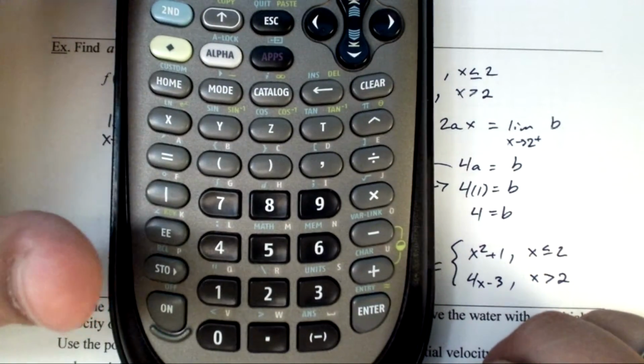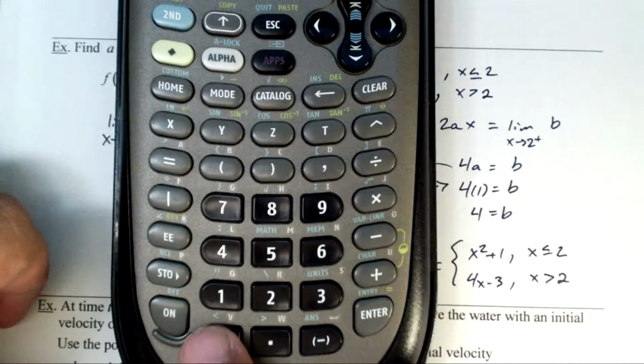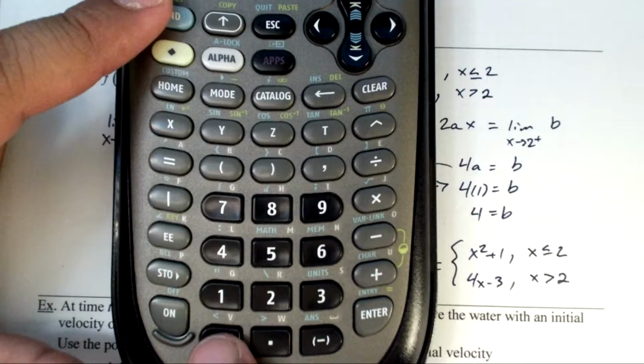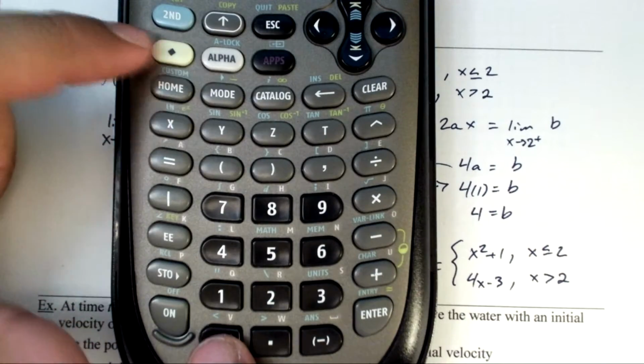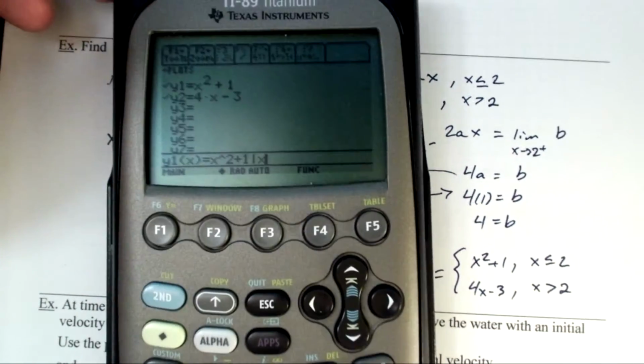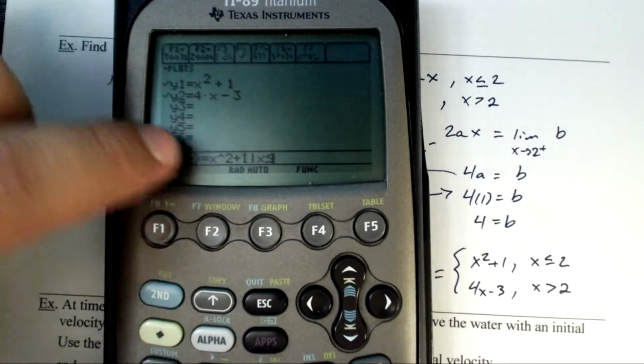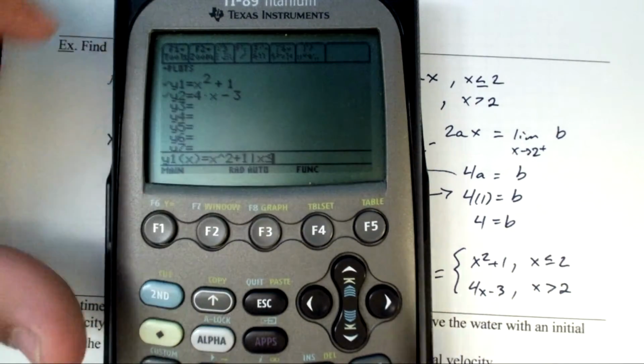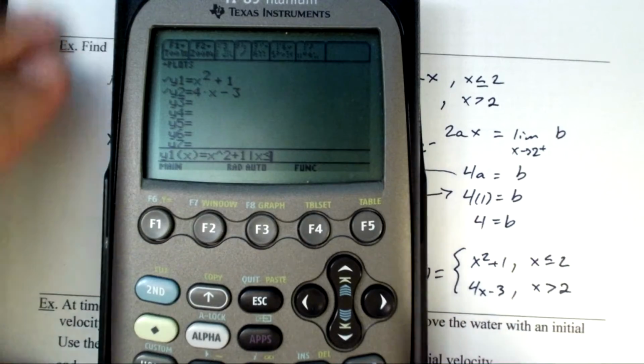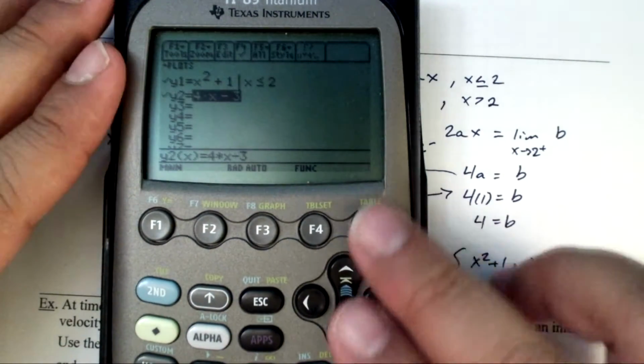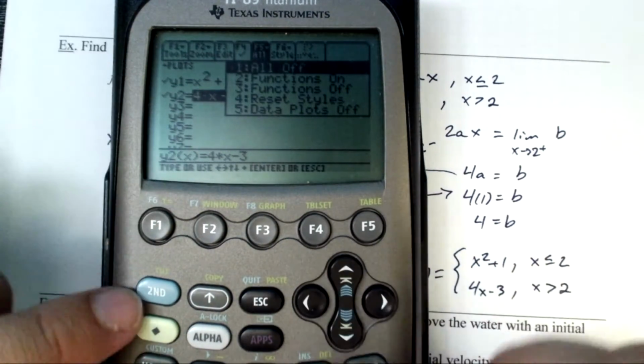Now a neat little trick here is that you have your less than symbol here for second 0, but if you hit diamond 0, let me show you that, it actually gives you a less than or equal to. So less than or equal to 2. I hit enter.